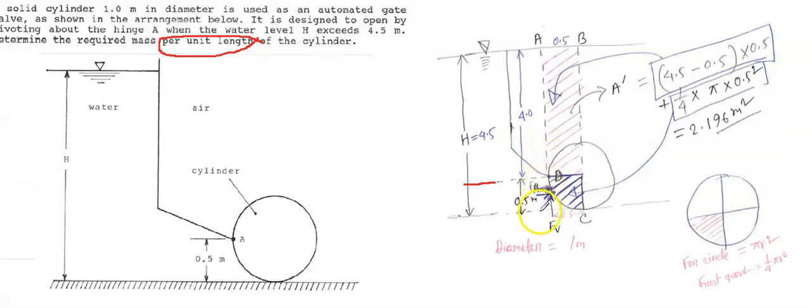And this is actually the cylinder, and if we consider this is the pivot point and consider this space, you see this is actually a curved surface. So far we solved two problems for curved surfaces, and when it is a curved surface, the force direction actually changes. We know force always works in the normal direction, and that's why for a curved surface we usually calculate two different forces, the horizontal force and the vertical force.